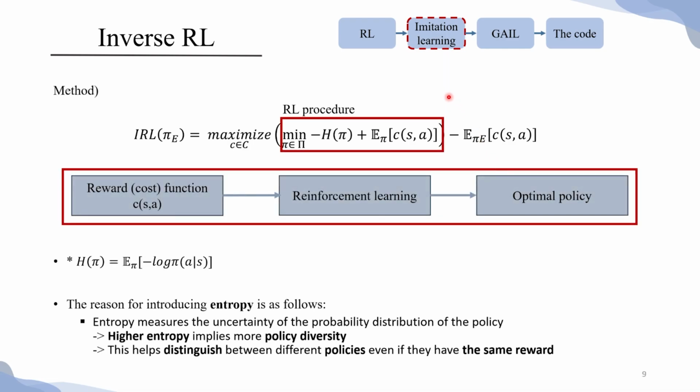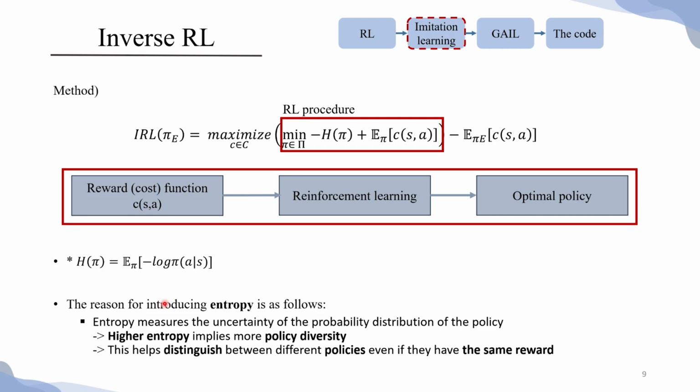The first part we will look at is the RL procedure. Given a cost function, or in other words, a reward function, we aim to find the optimal policy. Here, H stands for entropy, and the equation is this.